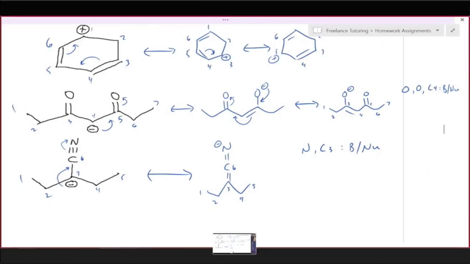So the new structure revealed a new reactivity. We wouldn't have predicted the nitrogen to be nucleophilic without that new structure. And that's a good way to draw the resonance structures there. That's correct. Okay, so let's continue.